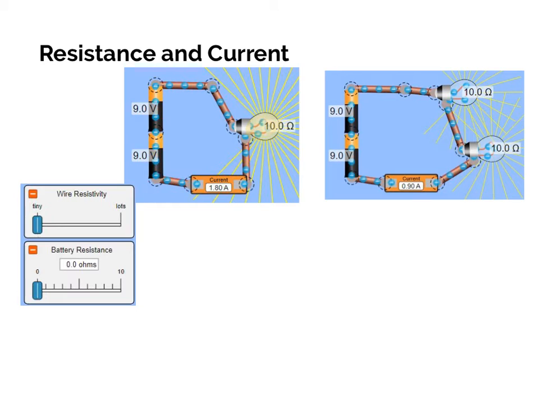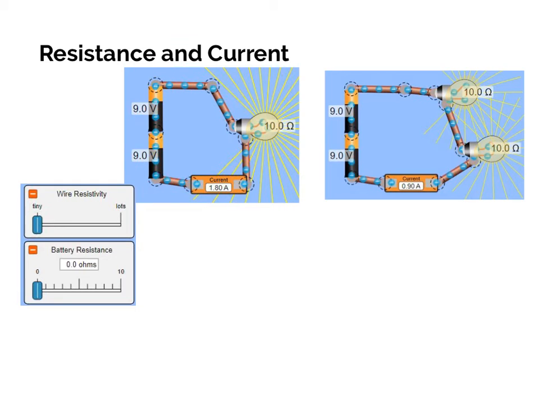We had the light bulb here, and in this one we had two light bulbs. So our main source of resistance were the light bulbs. You'll notice that each light bulb, as a general thing in that simulation, had a resistance of 10 ohms. The one thing I did have you focus on was the relationship between resistance and current. And I think this is a pretty simple idea.